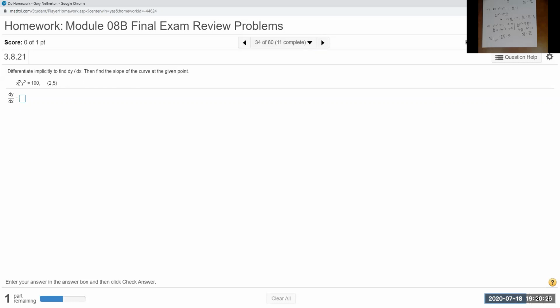Same kind of problem. Function and a point. So now we shouldn't mess up on this one. This is number 34. And it is x squared y squared equals 100. And we want to find the slope at the point.